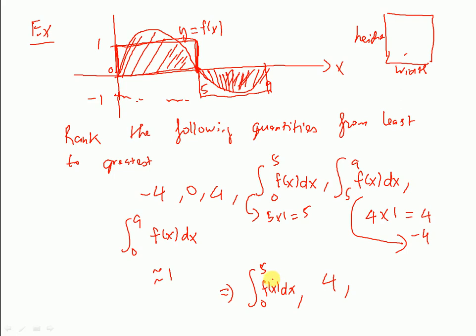So 5 is the highest, then 4, right? And then go up to 1, and then go to 0, and then this value here, remember, it should be smaller than -4, so maybe 3 minus 3 something. So it should be this one, which is 5 to 9, and the last one is -4. This is the integral of f of x dx. So this is the highest value, 4, 2, 1, 0, this one, and -4.